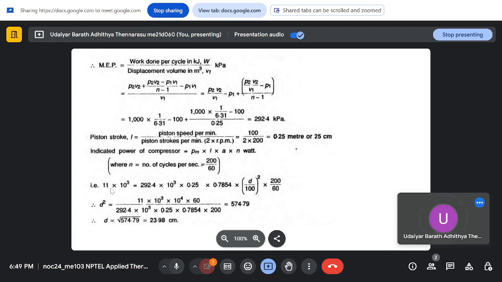Indicated power is 11 kilowatt, which is given, and mean effective pressure is 292.4 into 10 power 3, the stroke length is 0.25, into pi by 4 D square, into the number of cycles per second, so 200 by 60. From this we can find the diameter, which comes out to be root of 574.79, which is equal to 23.98 centimeter. So that is the diameter of the piston.